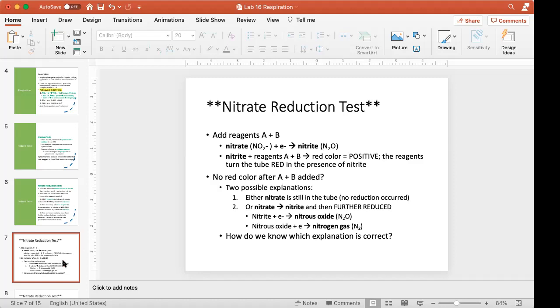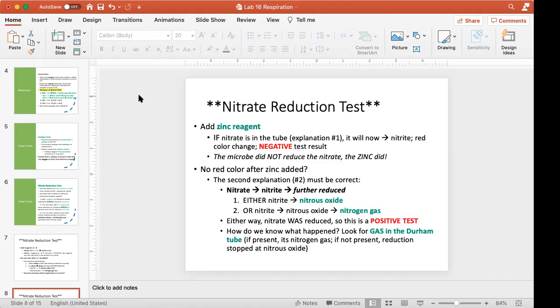And how do we know which explanation is correct? Well, we keep going. We don't stop at that point. After we add the first 2 reagents, if the tube does not turn red, we keep going. The first thing we do is add the zinc.